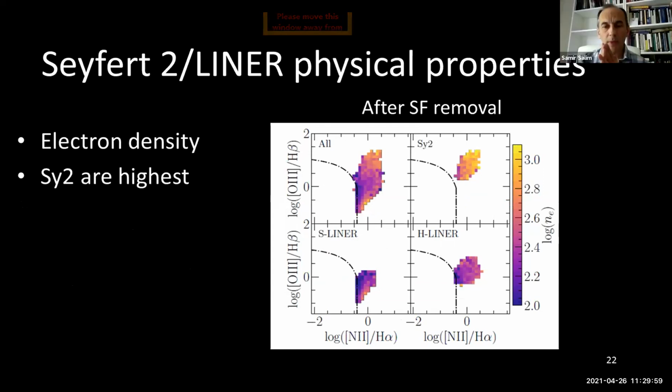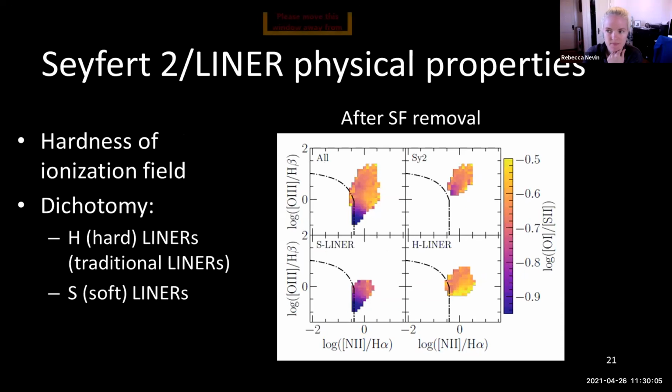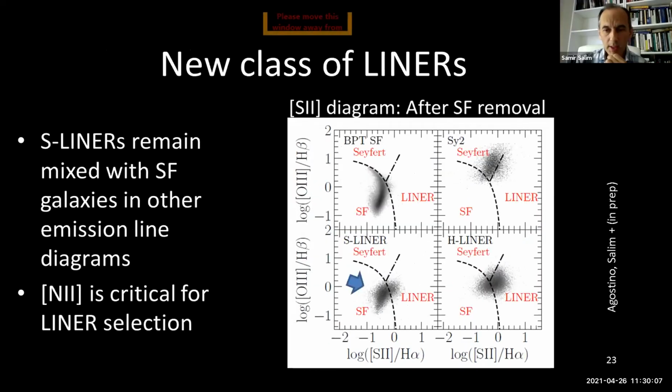Yes. So most of those are actually these hard LINERs, just in the way that they have been selected, because their selection in MaNGA is based on a plot like this, and they do require that the LINER should be above this line here. Now we show that if you select by nitrogen II, by just the typical BPT diagram, you'll have them on both sides.